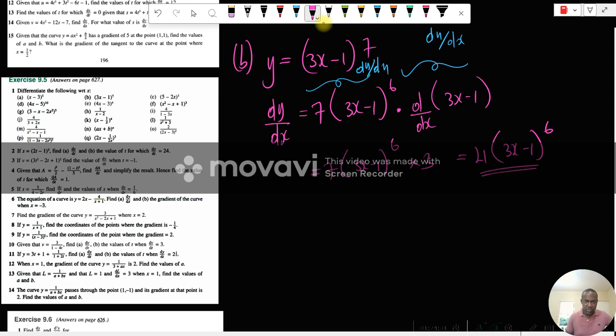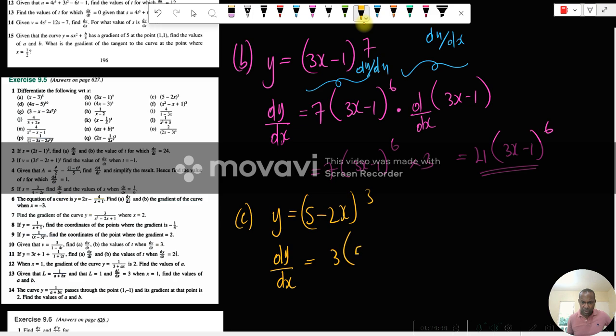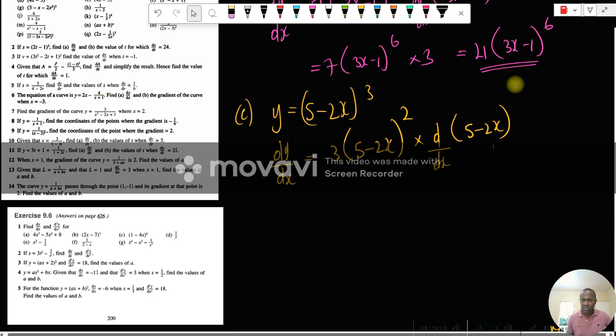Another one. Let's look at C. Change the color here. C. So we have y equals (5 minus 2x) cubed. We can say that dy by dx is equal to, first thing we do, we bring the power down, write back the 5 minus 2x, reduce the power by 1, but because it is composite, we have to multiply by the derivative of 5 minus 2x, which of course is what is inside the brackets.